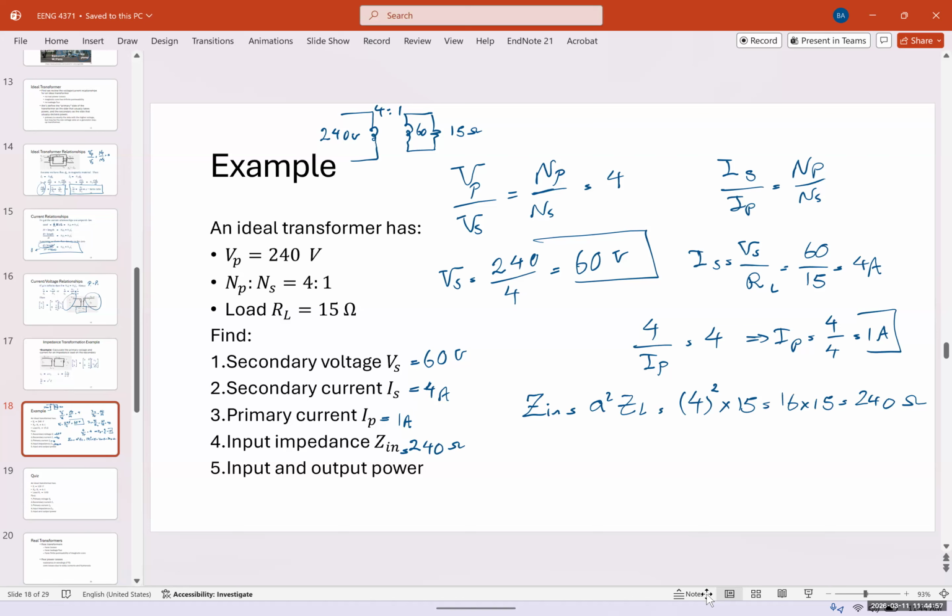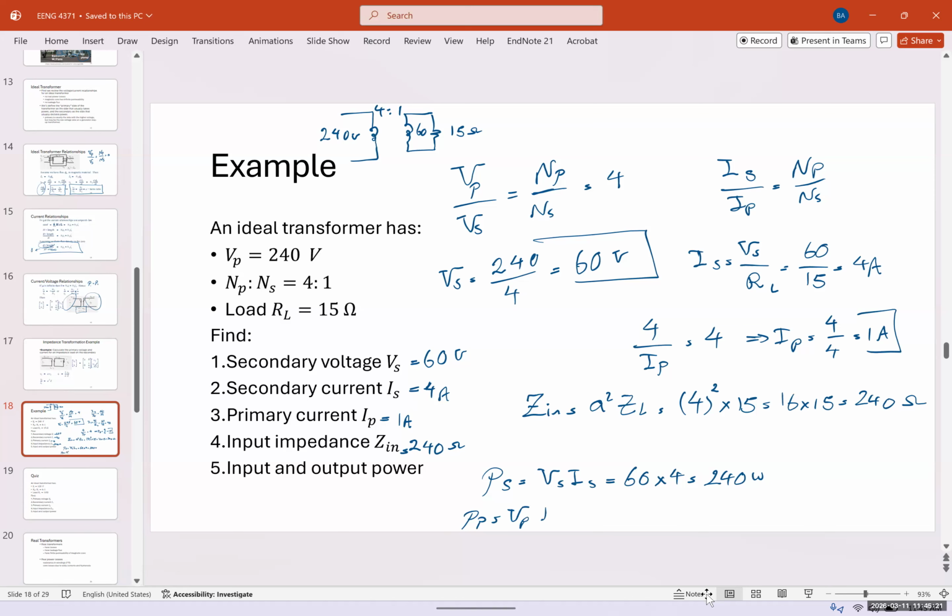Now we want to find the input and the output power. The secondary or the output power is going to be VS IS. Now what is VS? It's 60. What is IS? It's 4. So it gives us 240 watts. Now what about the primary power or input power?